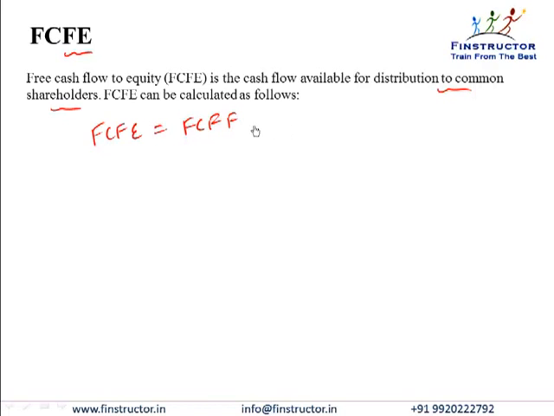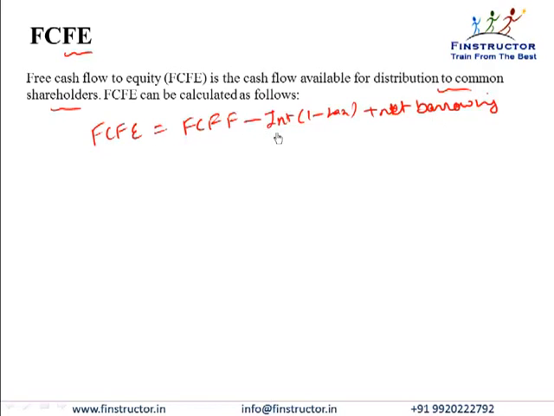So from the free cash flow to firm, first I will pay my interest, but if I pay interest I will also get a tax benefit, plus any principal that I have received from the debt holders. So plus any net borrowing. Net borrowing is the principal received minus the principal paid. So if I have repaid the debt, this number will be negative. If I have taken on more debt, this number will be positive.